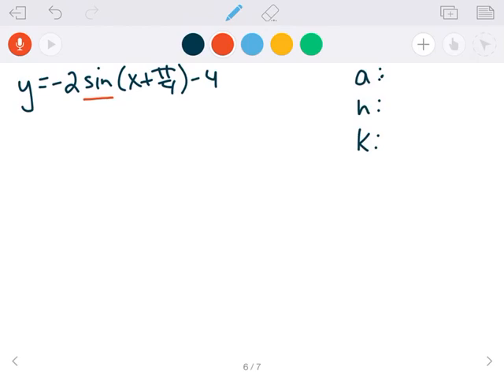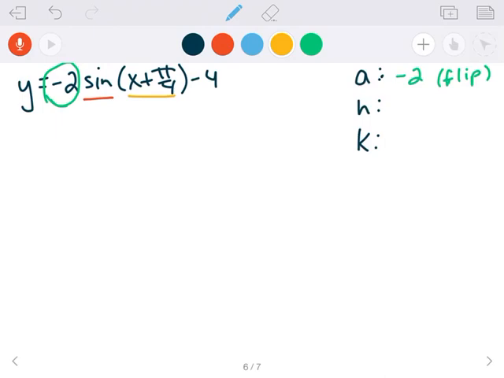Okay, so if we're looking for our a value, we see it here with -2. Now that -2 means that it's stretched by 2 and it's also flipped or reflected over the x-axis. Our h value is in parentheses, x plus pi over 4.